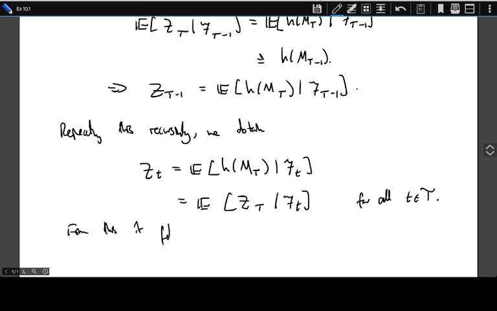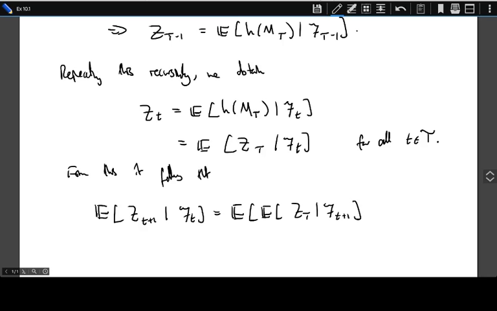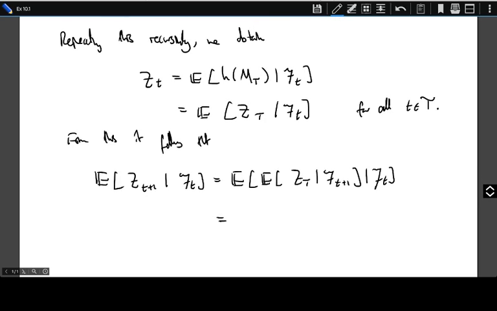From this it follows, using the Tower law, and from the expression above.